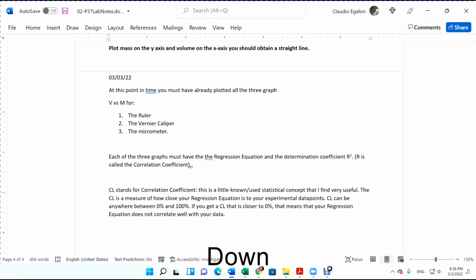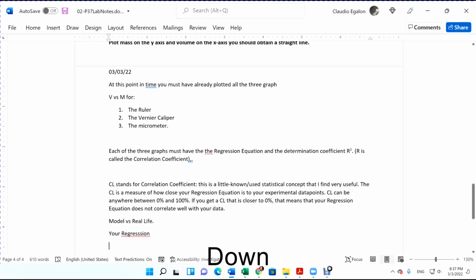So there is a difference between a model versus real life. In this case, your regression equation is a model for your real life set of data points.